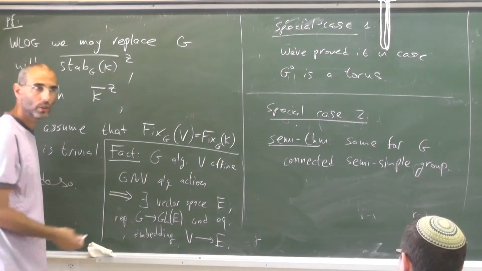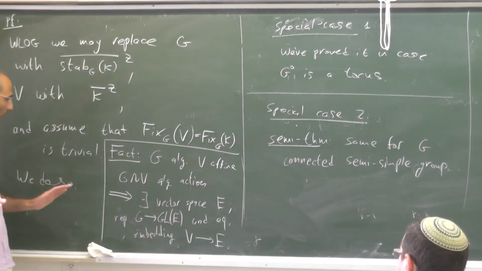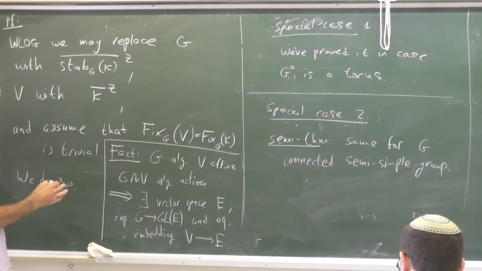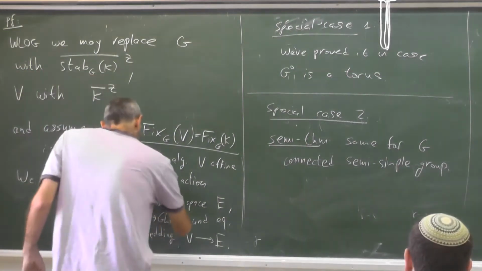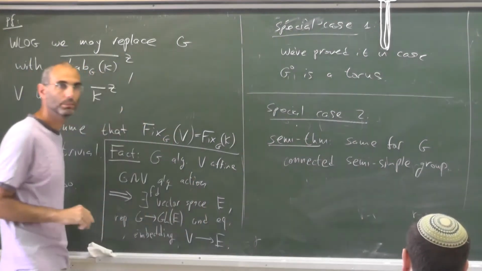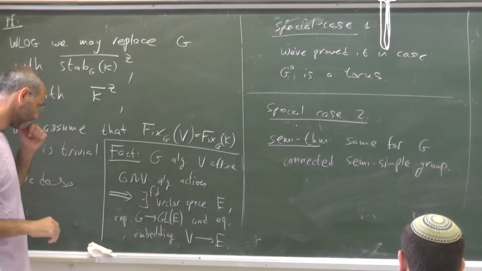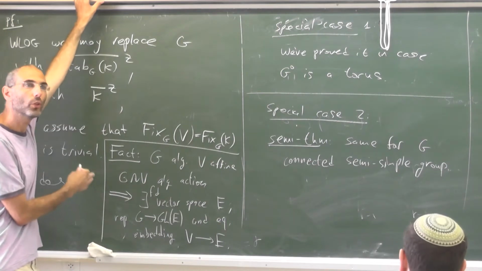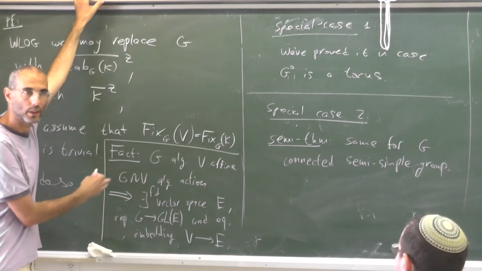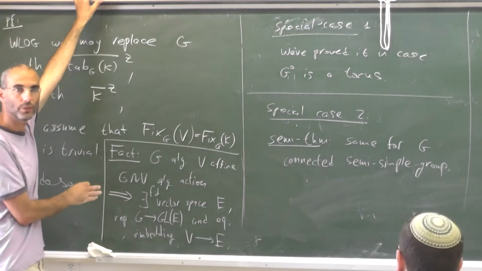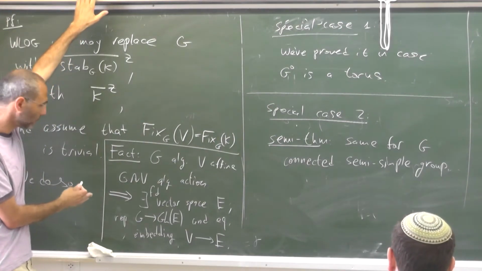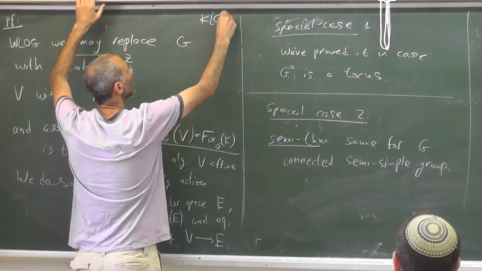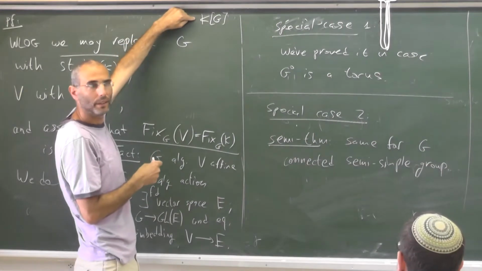Why is that? This is a very, very general fact. E is finite dimensional. Here is one of the most basic facts that we see in the first few weeks of a good course in algebraic group theory, and maybe I already reminded you of that.